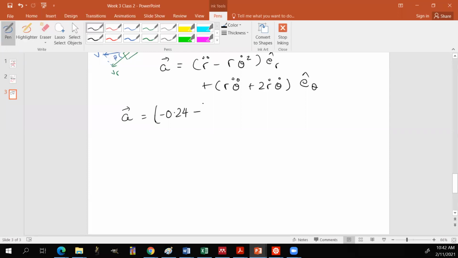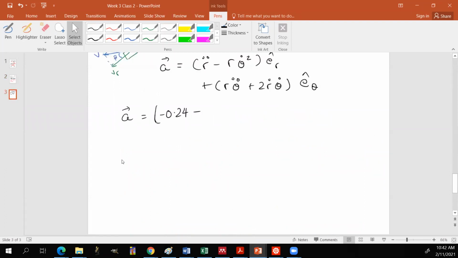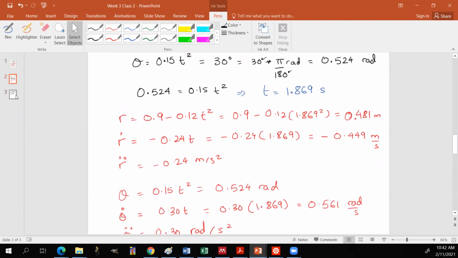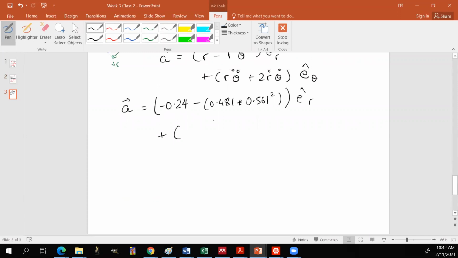So minus r was 0.481, times theta dot, which was 0.561, squared. So this is e_r.